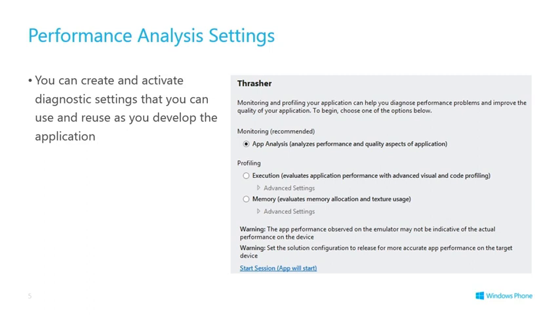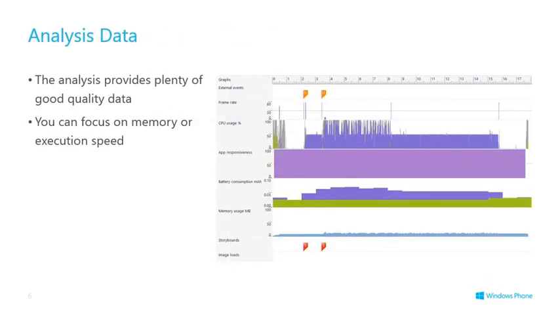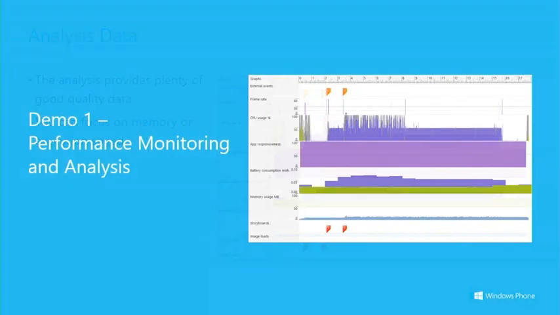So we've got a lot of tools now for automating those tests, and it allows you to do some testing of your app before you even get to the submission stage to make sure that it's in good shape. And you get really detailed data out of this. The analysis provides plenty of good quality data, and you can drill down and focus on memory or execution speed as well with the detailed analysis. So let's have a look at what that looks like.